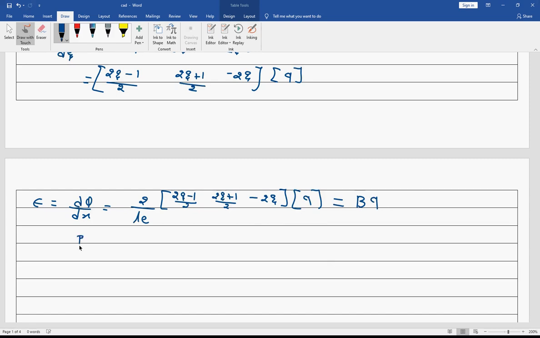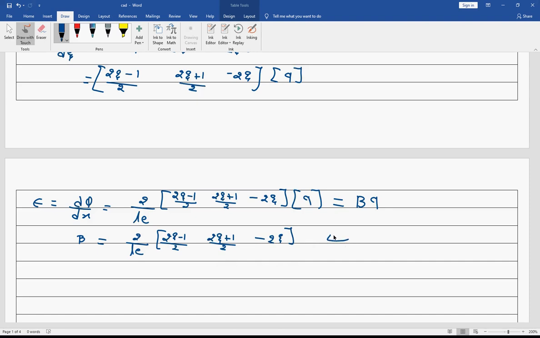And therefore my B matrix will be equal to 2 by Le, 2 xi minus 1 by 2, 2 xi plus 1 by 2, minus 2 xi. This is my B.